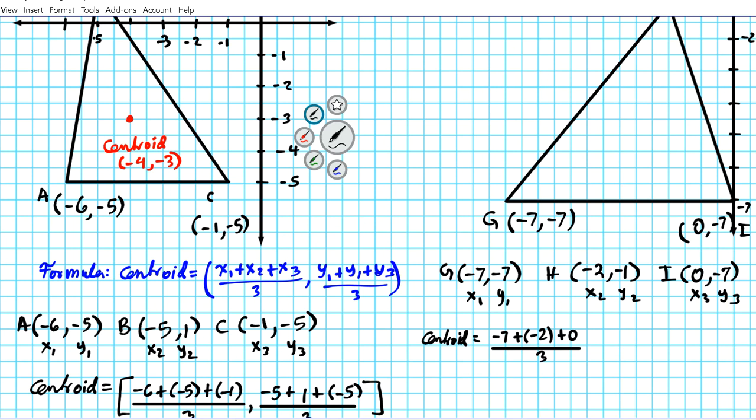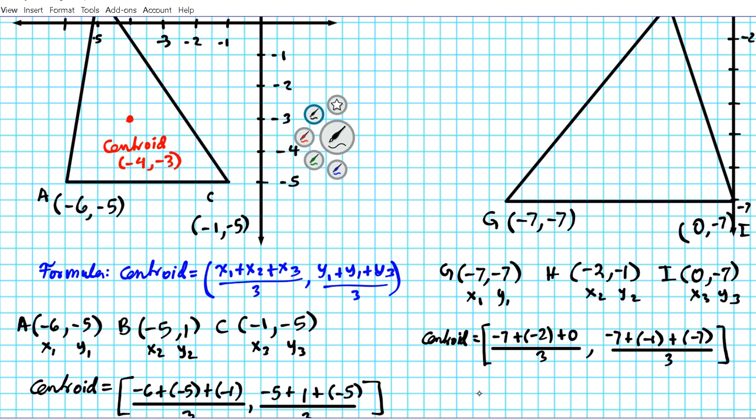And then for the y coordinate of our centroid, we're going to be looking at y1 negative 7 plus y2 negative 1 plus y3 negative 7. All that divided by 3. And that will be the y coordinate of our centroid.